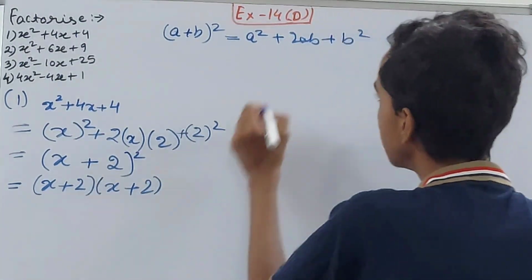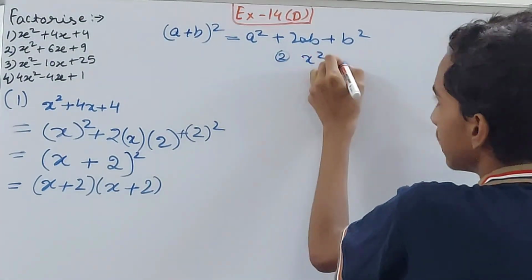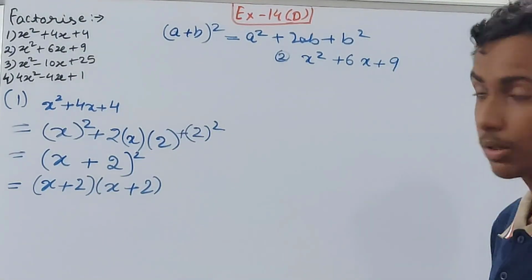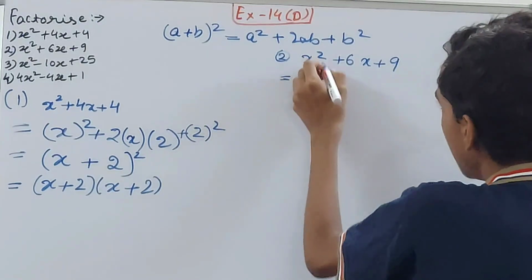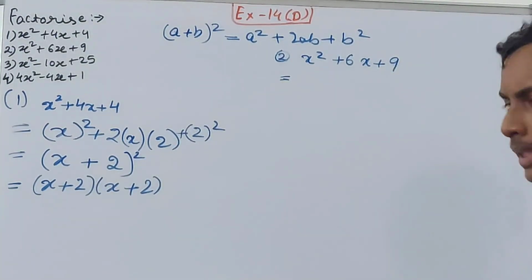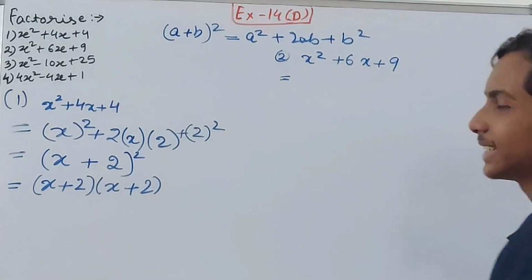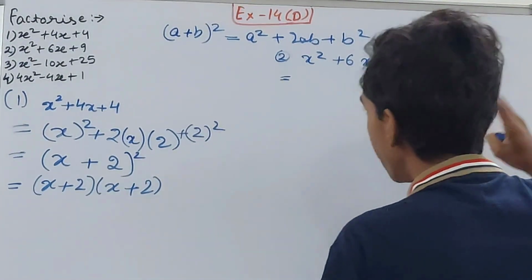Now see the second one. Second question is x square plus 6x plus 9. Now see here also, what do you have? You have to see x square and 9, they are perfect squares, right? That means they are your square terms. Middle term is 6x because it is not the square of any term. That is very clear. We have learned this in the previous chapter.